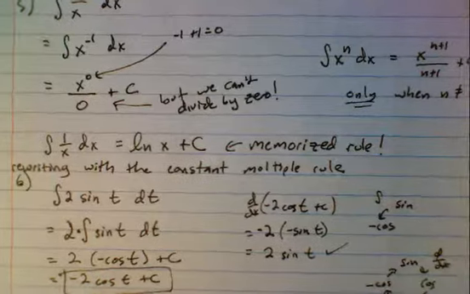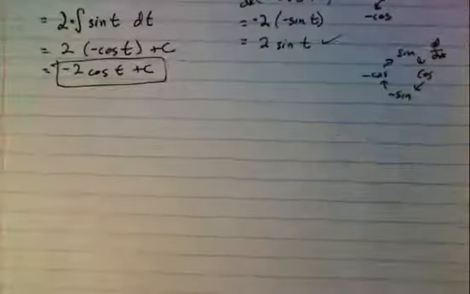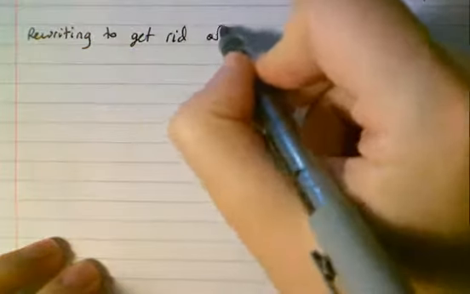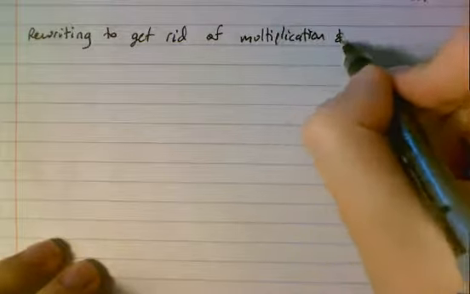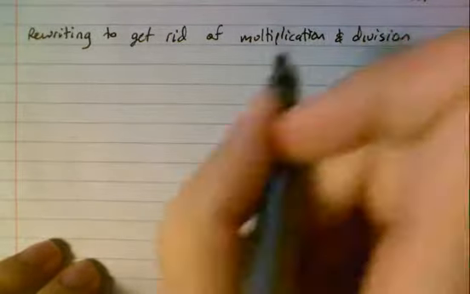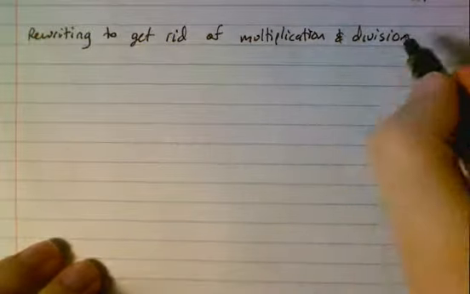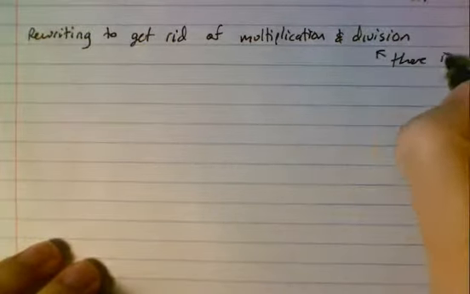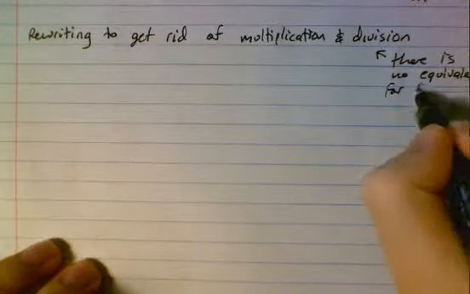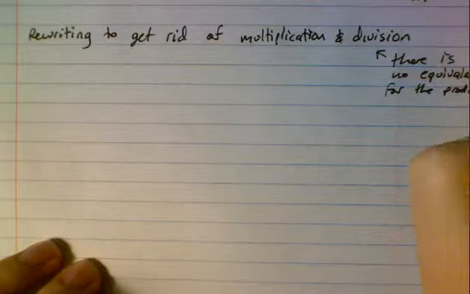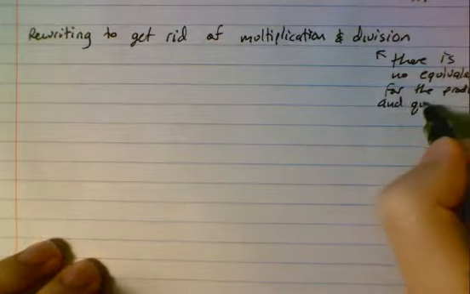Okay, now that we've done that sort of rewriting, let's look at a different sort of rewriting. This is rewriting to get rid of multiplication and division. Basically what's going on here, there is no equivalent for the product and quotient rules.